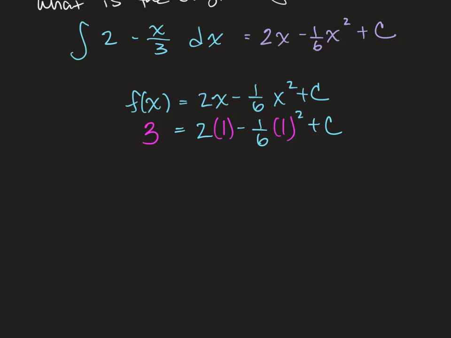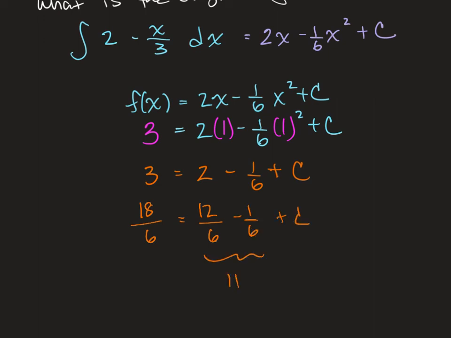Here we'd get 3 is the same as 2 minus 1/6 plus c. I'm going to change everything to sixths just so I can deal with that. And so we'd have 18/6 is the same as 12/6 minus 1/6 plus c.